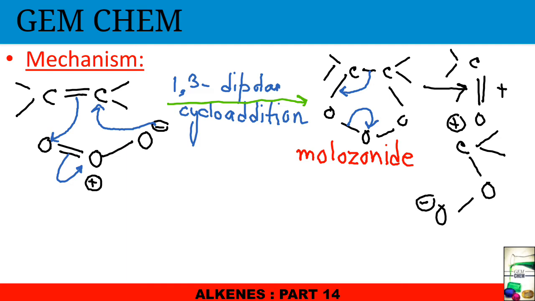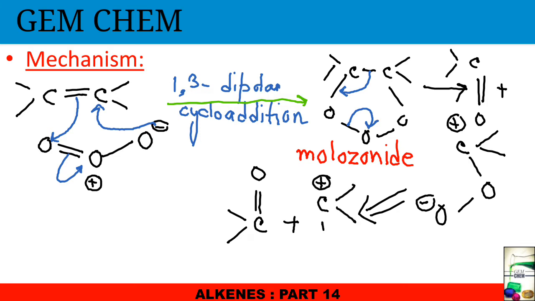Now we can redraw it like this: carbon with a double bond to oxygen up, an additional carbon taken here, then here is our O minus. Then what happens is this negative attacks the carbon double bond oxygen. We know that this is an electrophilic center, so the negative will attack there, and it will attack here.